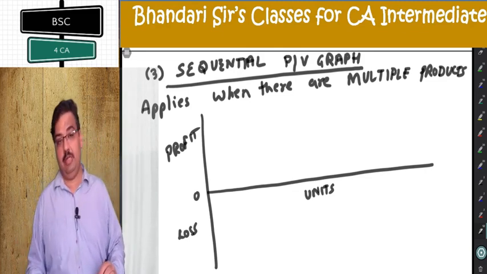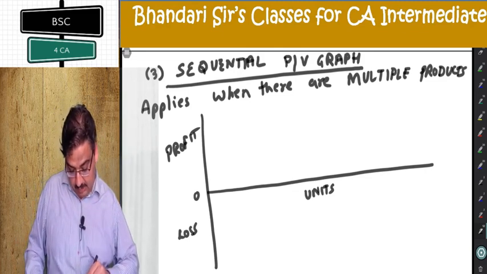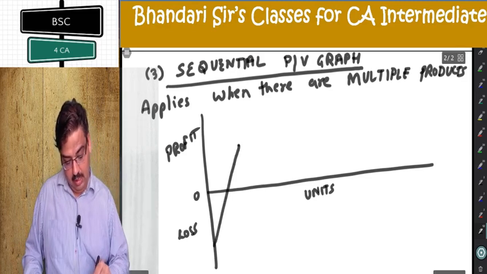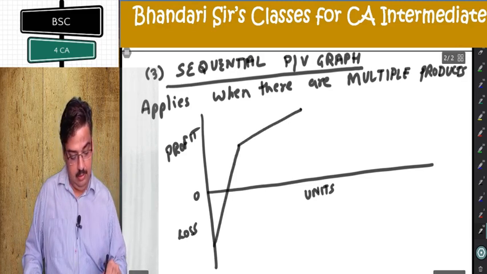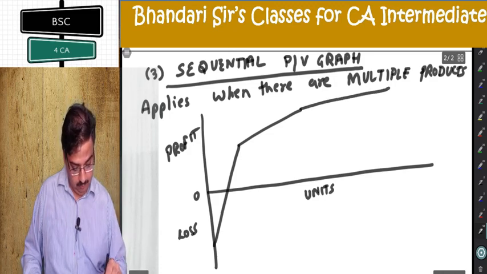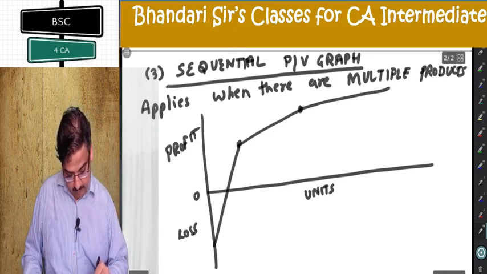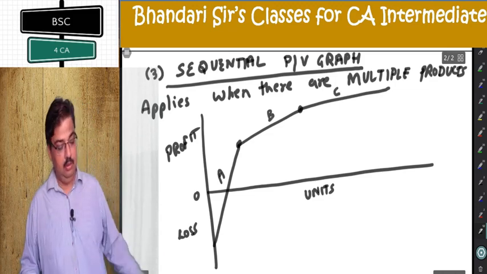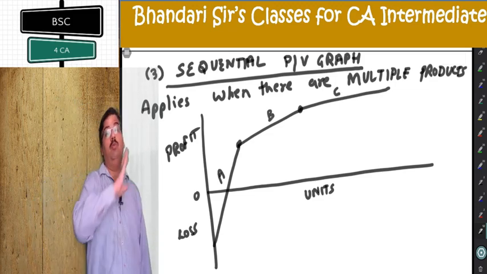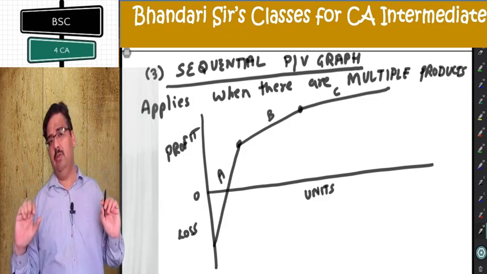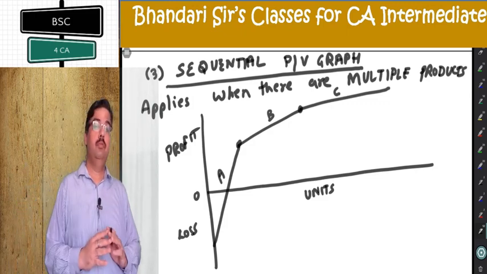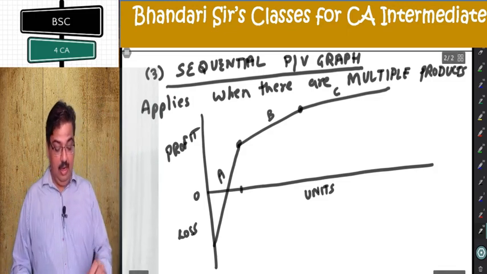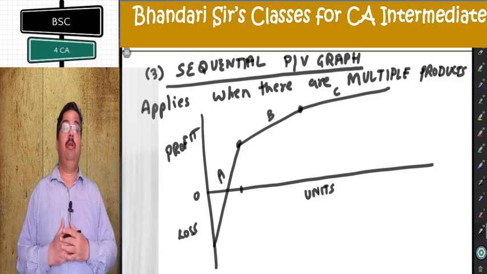Let's say there are 3 products, A, B, C. Start with loss. A product, B product, C product. It has to get more flat now. More sale, less profit, because the least profitable is C. The most profitable was A, hence very less sale and high profit.